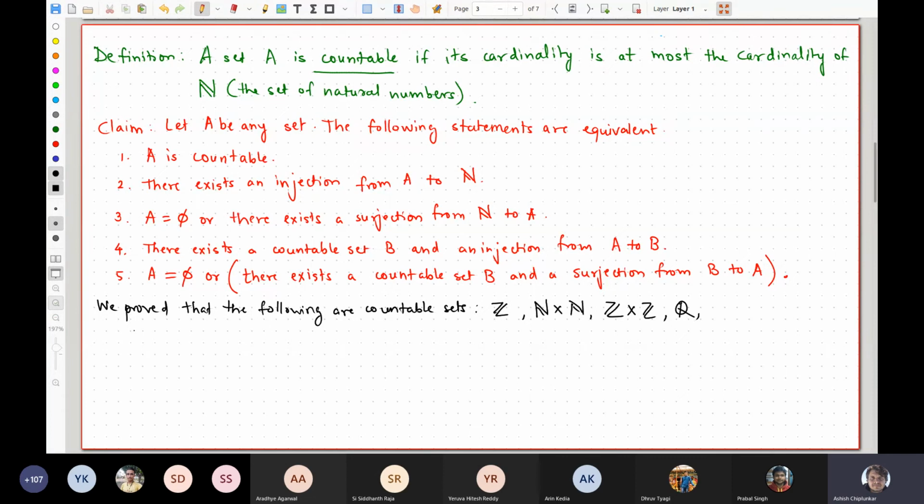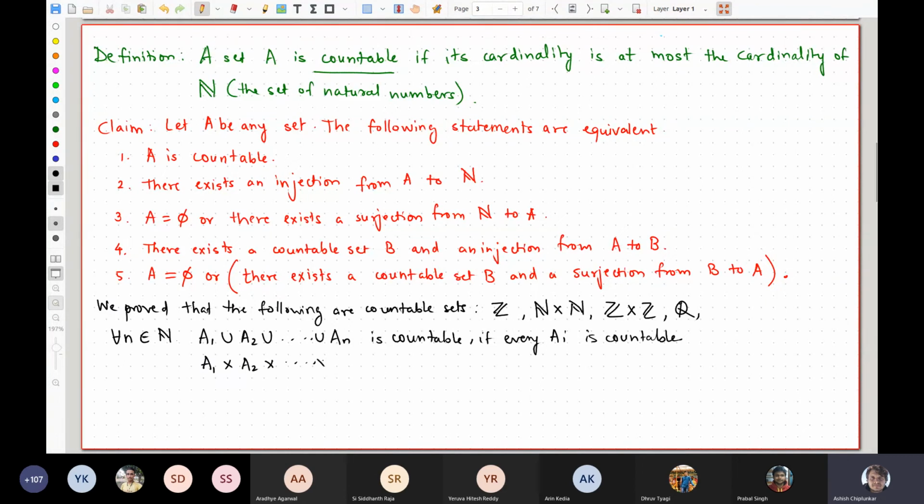We also proved that the union A1 union A2 union and so on up to AN is countable if every Ai is countable, and that the Cartesian product A1 cross A2 cross up to AN is countable if every Ai is countable.